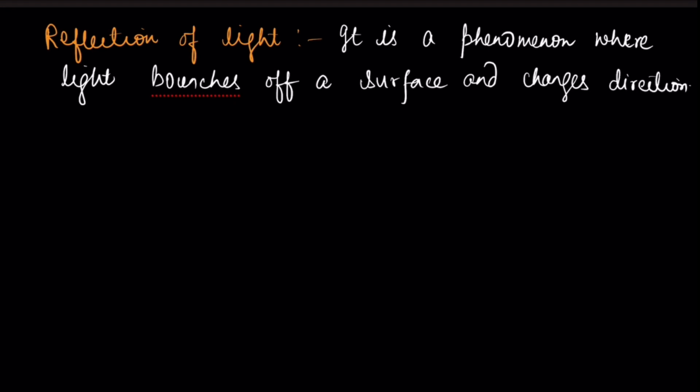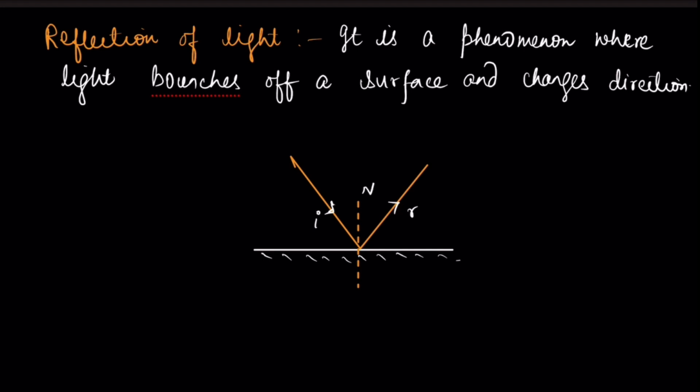Previously, we had an opaque body, and from the source the incident ray touches the surface. After touching the surface, it reflects back, or bounces back. This is the normal. So here we have the incident ray, reflected ray, and the normal. So it is a phenomenon where light bounces off a surface and changes direction. It's called reflection of light.